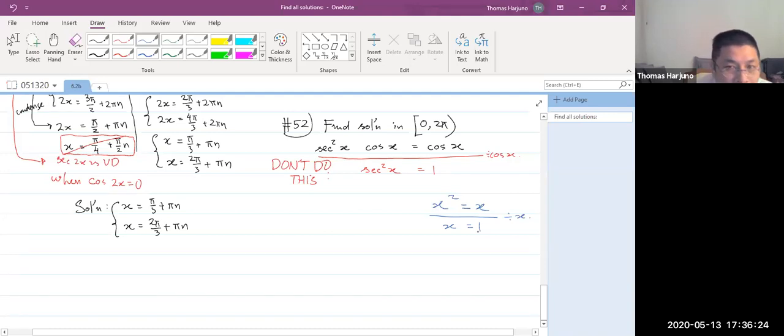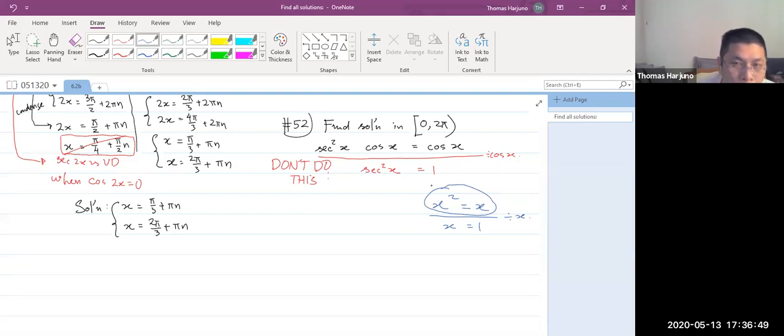It disappears, because when you divide by x, what happens if x equals 0? In the original equation, x equals 0 is an obvious solution, even more obvious than x equals 1. But you will miss it because you divided by x, which is possibly 0. That's the mistake you make if you solve that quadratic equation that way.